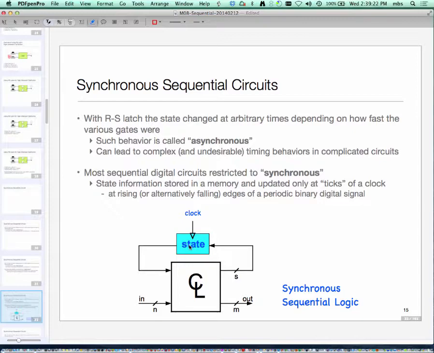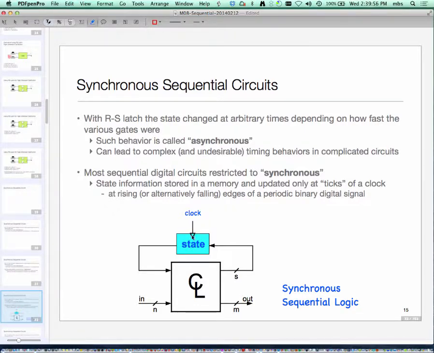So whenever the clock edge comes, this bluish, cyan color box called state looks at its input, and whatever the bits are on the input, if there are n wires and n bits, it stores them. And if I look at the output of this, it is the current content of this memory cell. Output is always whatever is the content of that memory cell, but the contents are updated only when the clock edge comes.